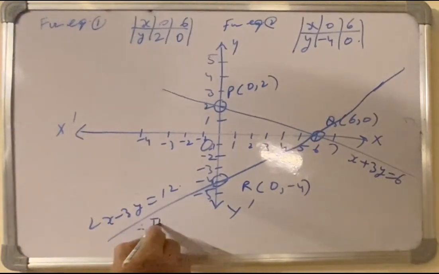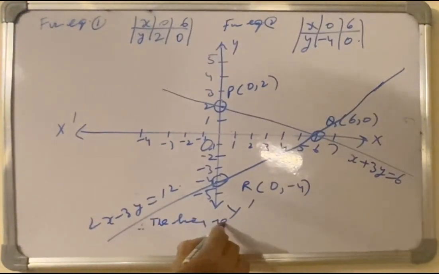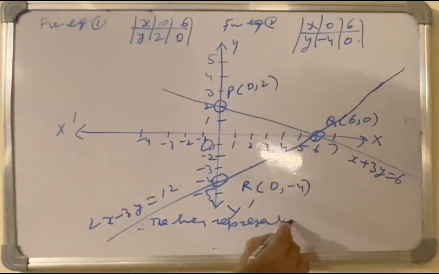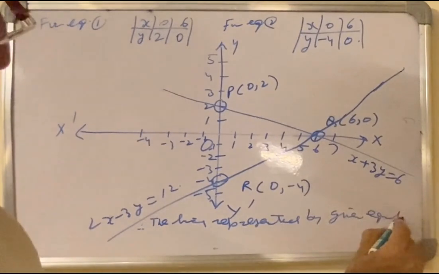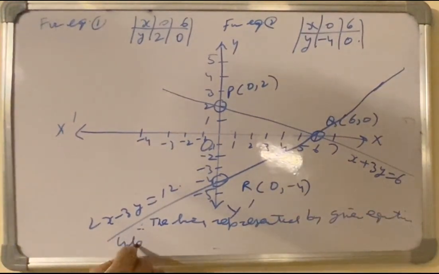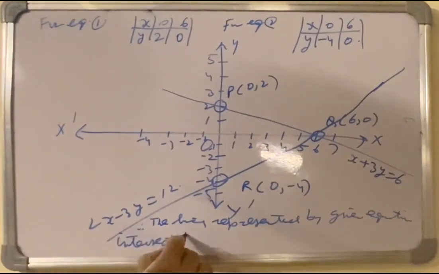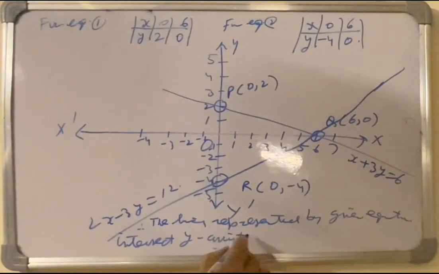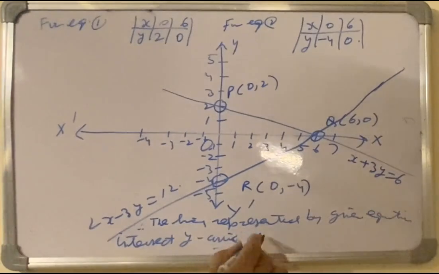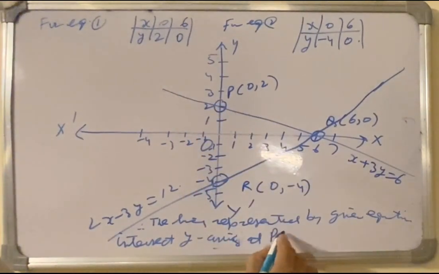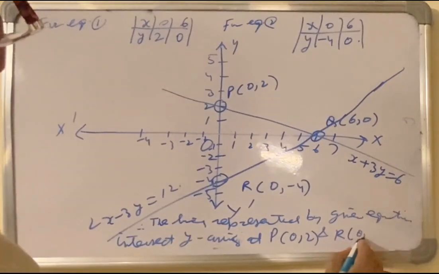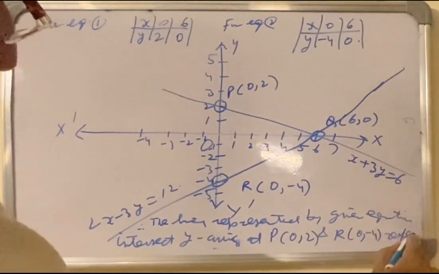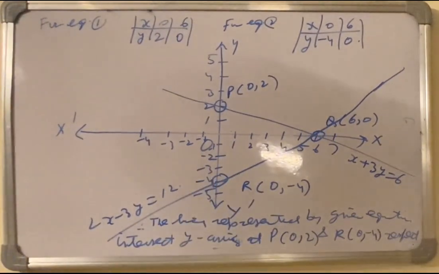Therefore, the lines represented by given equations intersect y-axis at P (0, 2) and R (0, -4) respectively. So then we take second question.